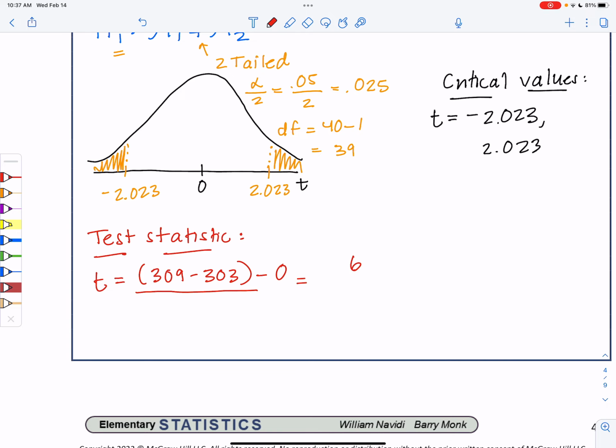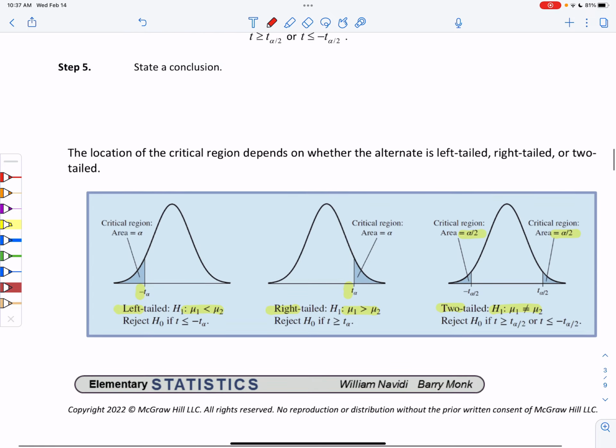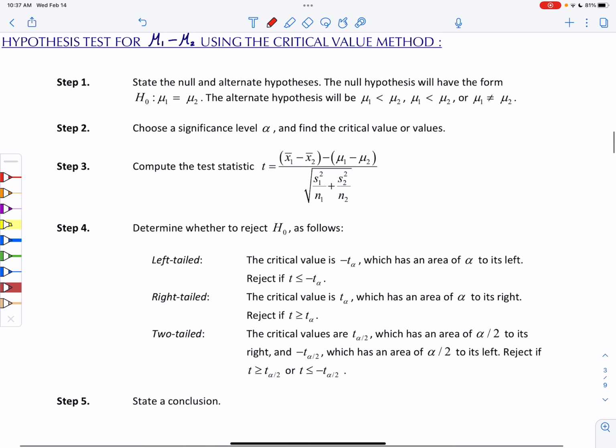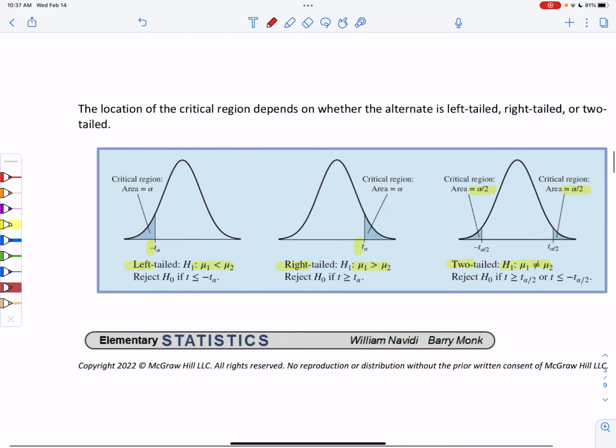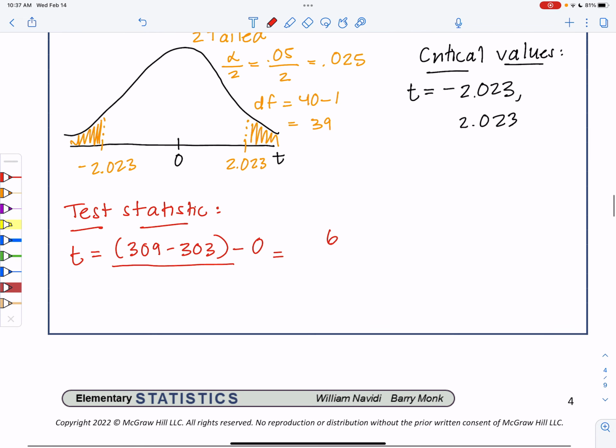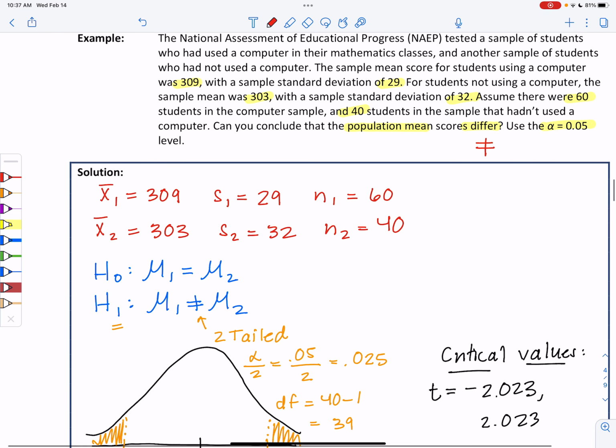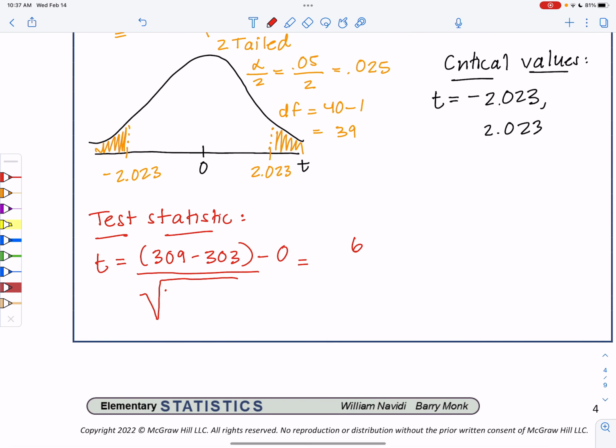All right, I need to divide this by the standard error square root, and for each group, we're going to take the variance divided by the sample size. So I'm looking at the square root. I have standard deviation, so I'll have to square them. 29 squared divided by 60. And 32 squared divided by 40.